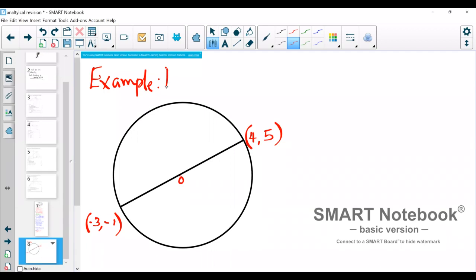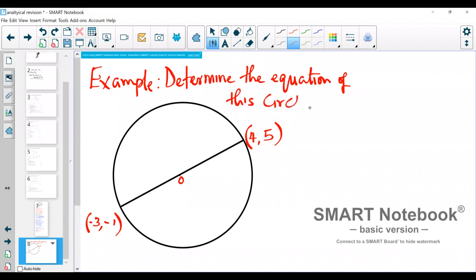Example. Determine the equation of the circle. I'll do this for you quickly. All right, if we want to get the equation of the circle with center O, remember what we need is to first get the length of the radius.